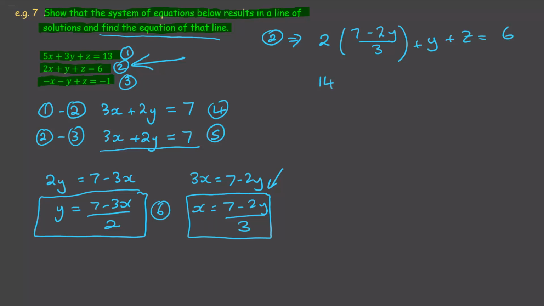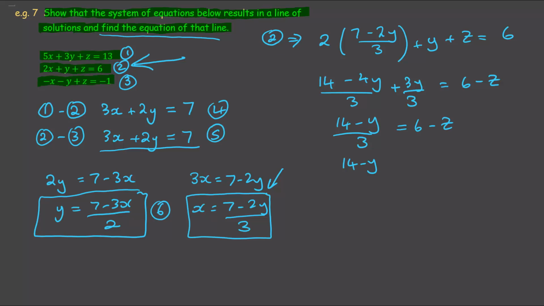So that's going to give me 14 take away 4y over 3 plus 3y over 3 is equal to 6 take away z. Now this becomes 14 take away y on 3, and that's equal to 6 take away z.